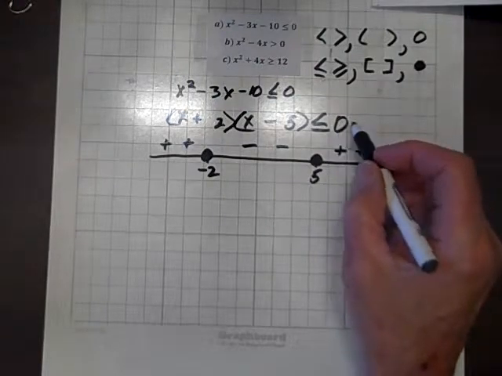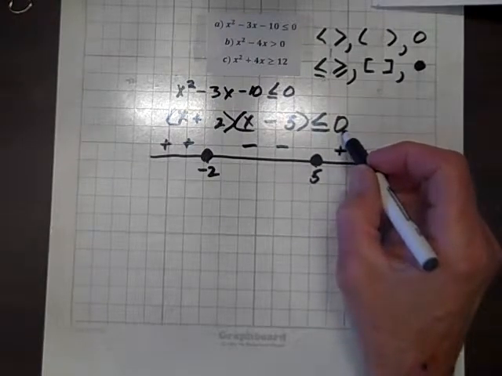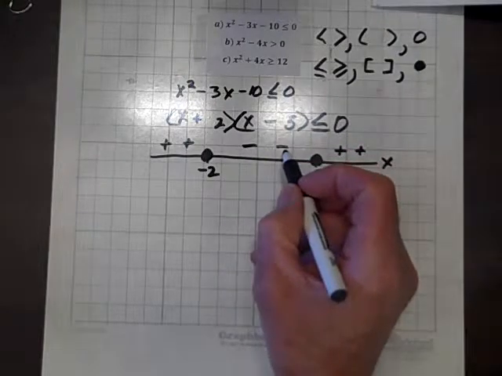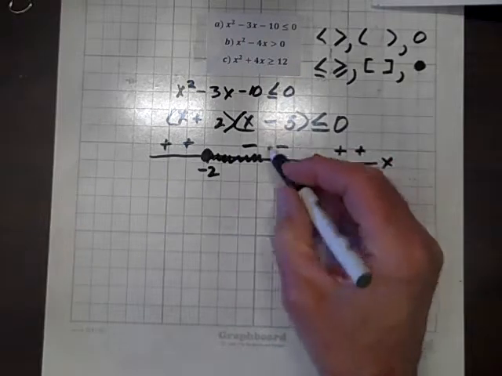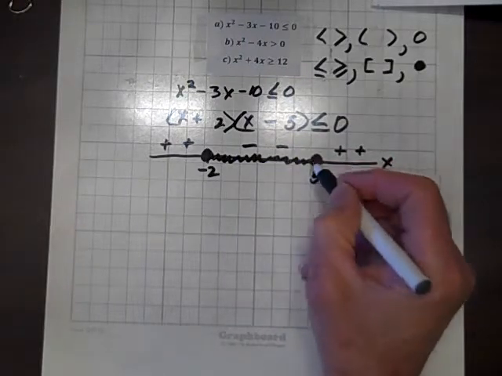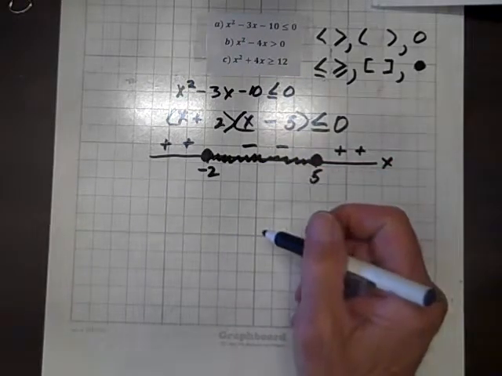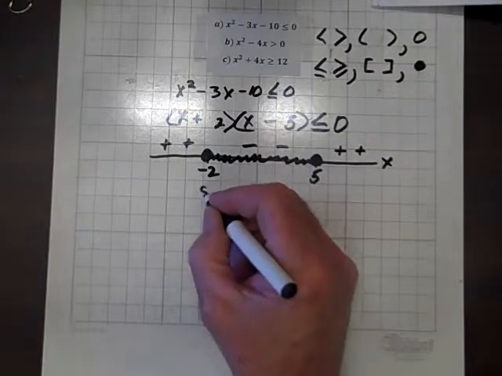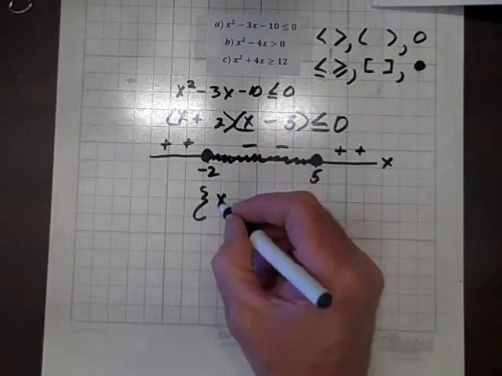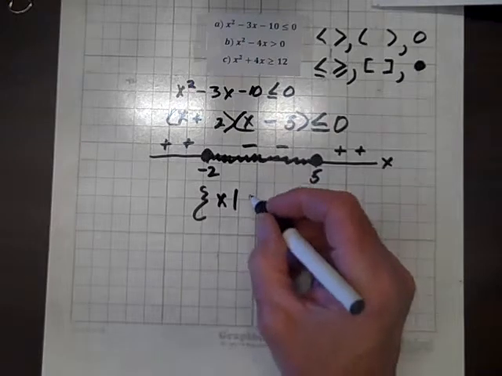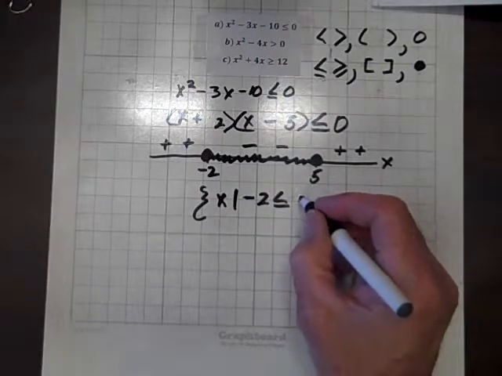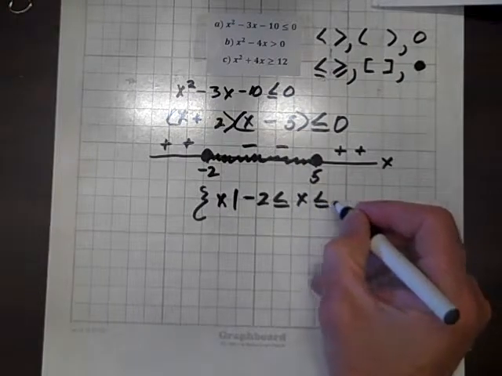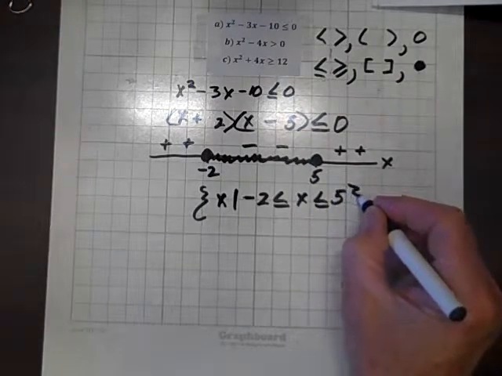Now, because it's less than or equal to 0, we're interested in the intervals associated with negative signs, and we'll shade just that interval. And so our solution in set builder notation is x such that negative 2 is less than or equal to x, which is less than or equal to 5.